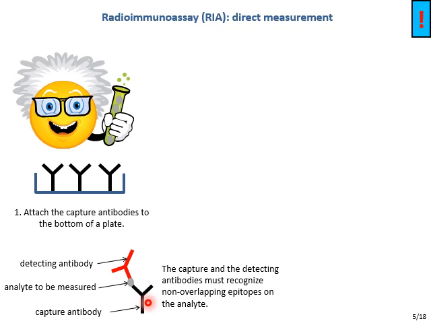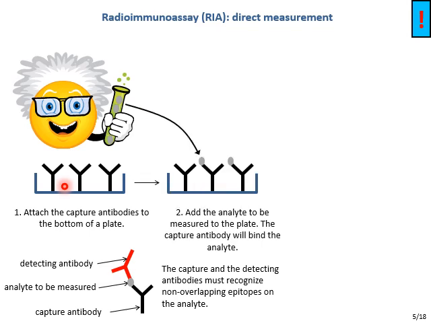The first step in this procedure is the attachment of the first kind of antibody, the capture antibody, the non-radioactive capture antibodies, to the bottom of the plastic plate. And then the sample is poured into the plate.